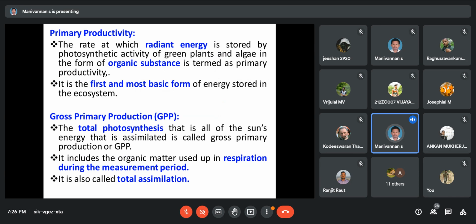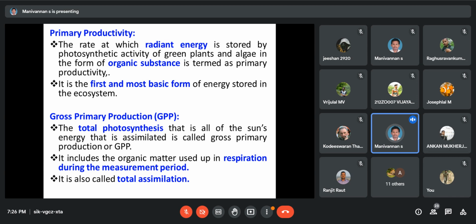The rate at which radiant energy is stored by the photosynthetic activity of the green plant and algae in the form of organic substance is termed the primary productivity, simply called the starch. It is the first and most basic form of energy stored in an ecosystem. That's why it's called the primary productivity.